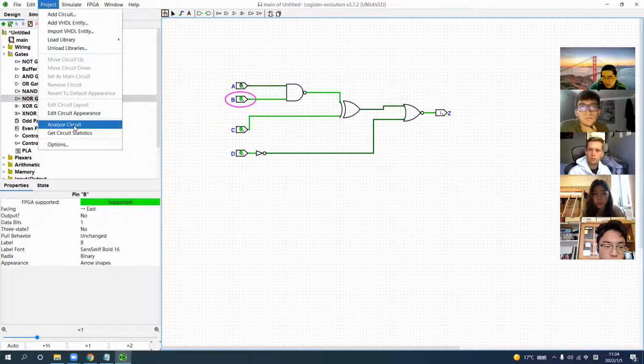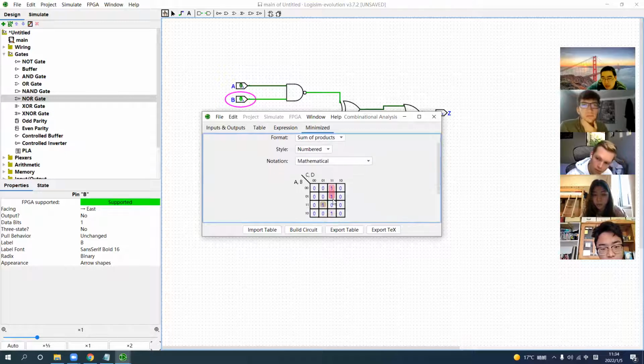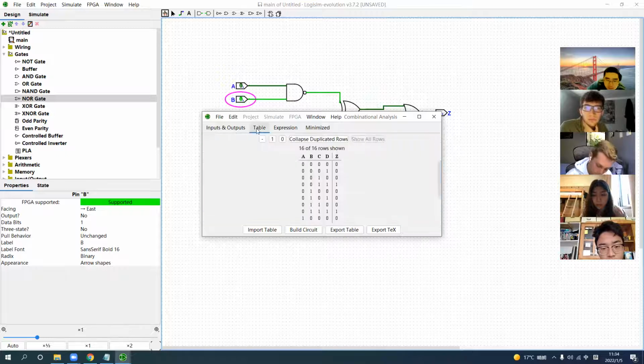I would suggest, if you have computers around, you can follow me. And this is the expression: Z equals the following. You are going to use this in the future. That's how we simplify the Boolean logic, but not now. And the table is a truth table, which we were trying to create on the way.